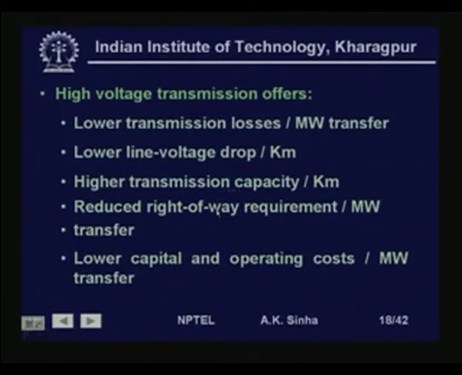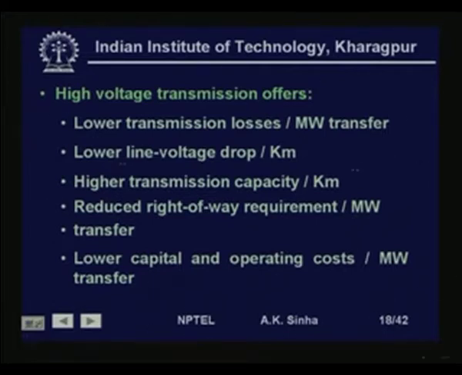Since more lines require much more space for putting your transmission towers and other things, the right of way has to be bought by these transmission companies from the people on whose land they are going to build these transmission towers. So if we use higher voltages, we also reduce the right of way requirement per megawatt transfer.